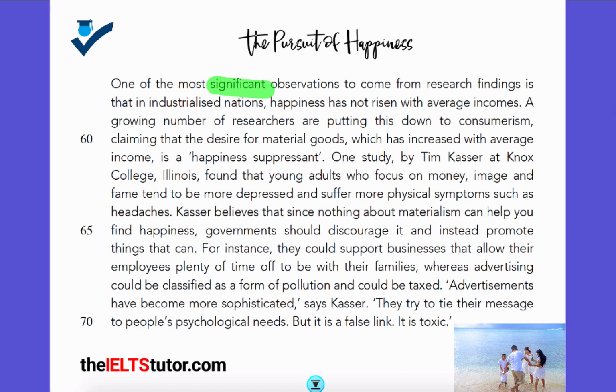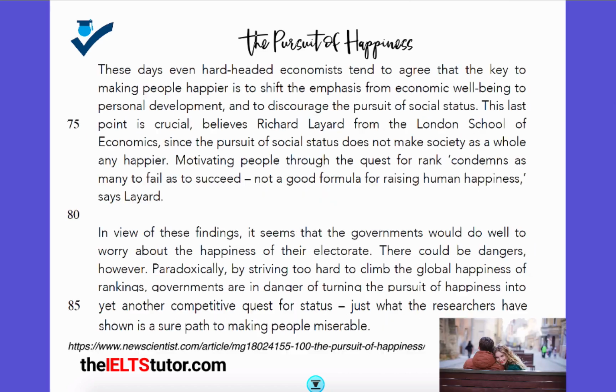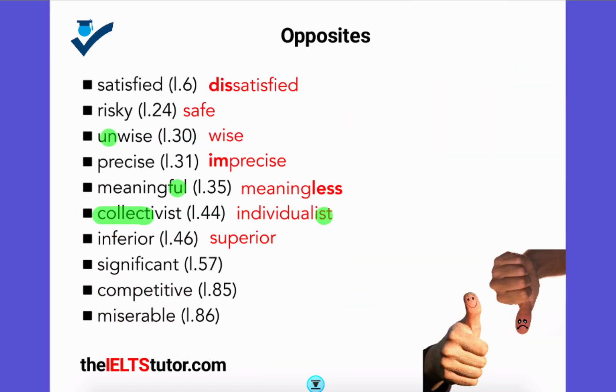So could you put a prefix or a suffix before or after the word? The opposite should be with a prefix before the word significant. So we've got insignificant rather than using a suffix. So significant, insignificant, just like important, unimportant.